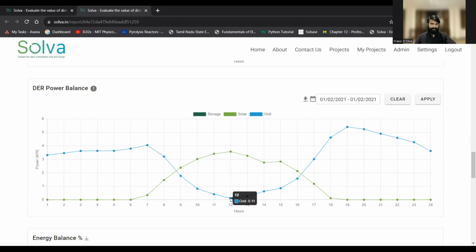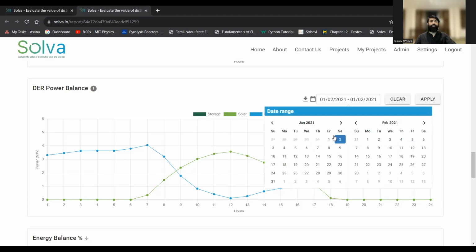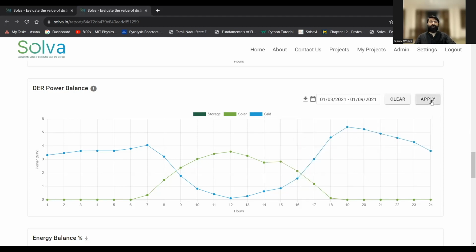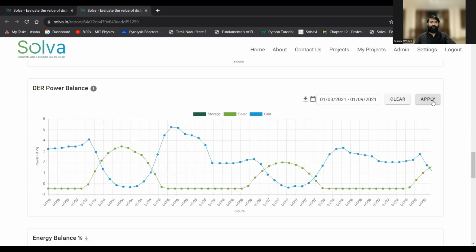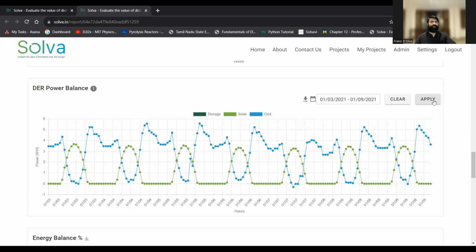You can select a date range and see how it contributes over a period of time, for a week, for a month, or for a year, in case you want to do an analysis and check what is the impact and how the contribution of the solar that has been integrated helps you reduce your dependency on grid.